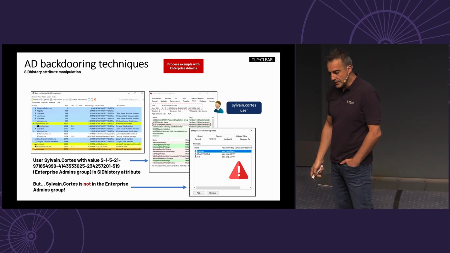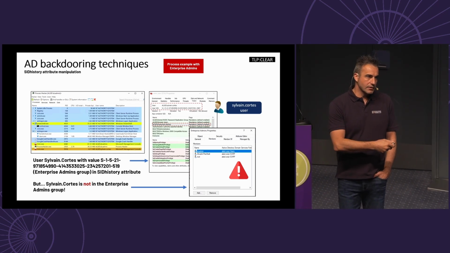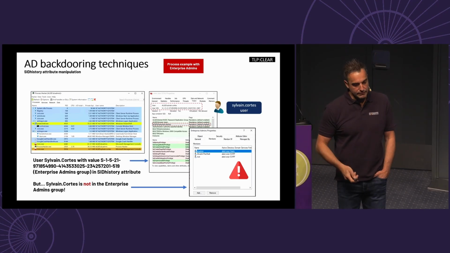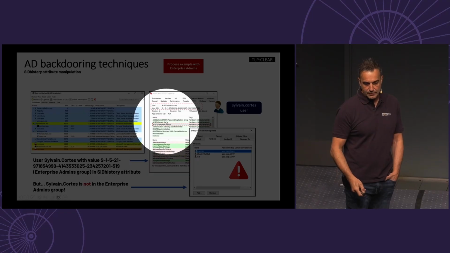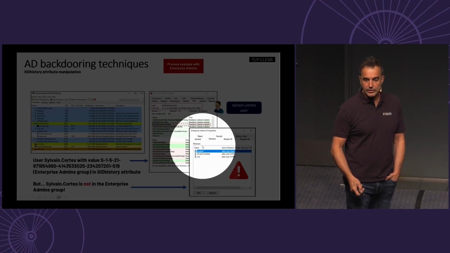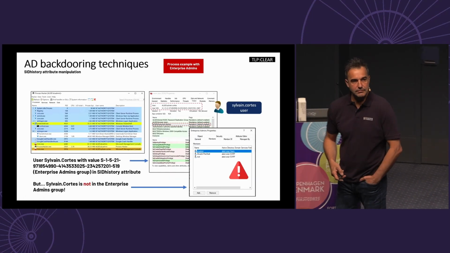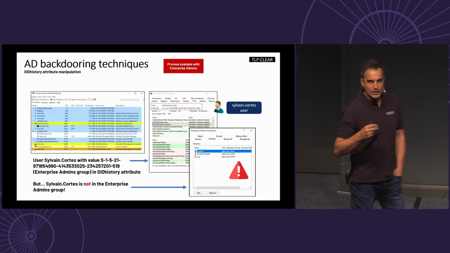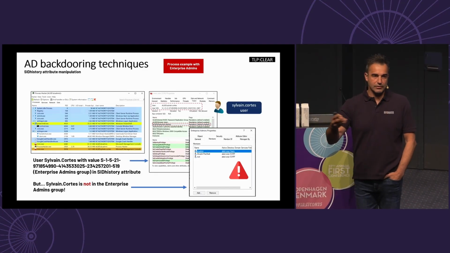Here you have another example, but I'm not using a user SID, I'm using a group SID, and the group is enterprise admin. But if you have a look at the enterprise admin group, Sylvain is not part of this one. So that's really interesting, because you may think, okay, if I want to check who is enterprise admin, I will check the group.